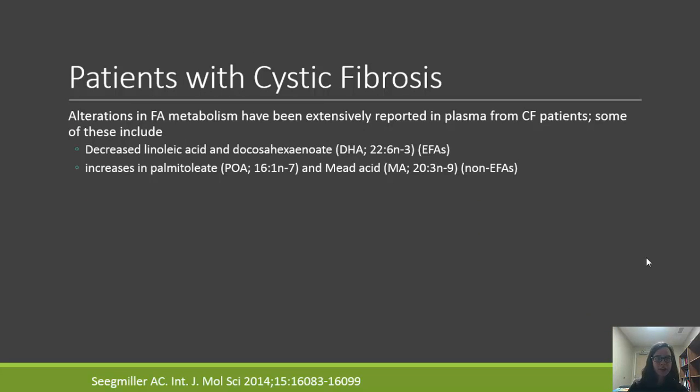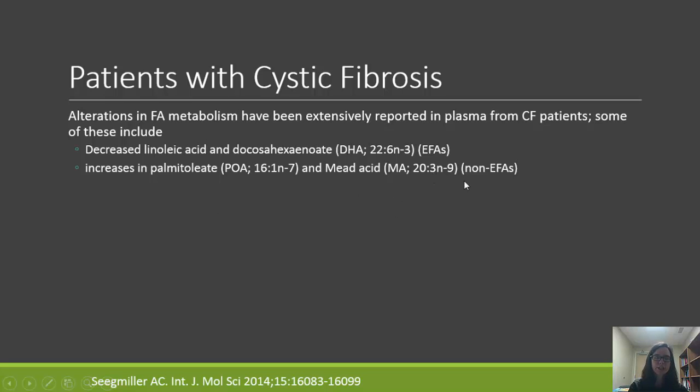So just very briefly, I want to talk about cystic fibrosis. Fatty acid metabolism alteration is a very well-known phenomenon in cystic fibrosis patients. And some of these alterations in fatty acid metabolism include decreased linoleic acid and DHA, and increases in palmitic acid and myristic acid.